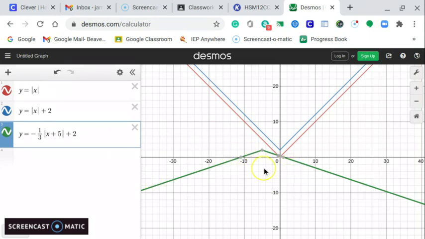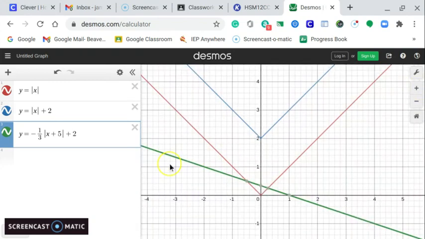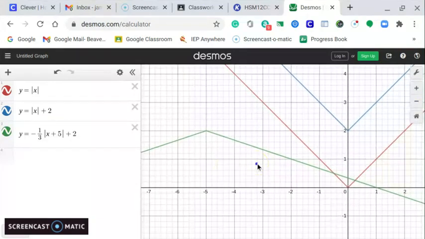And so it's really, really wide. That 1/3 makes it really, really wide. And it's starting at 5, 2, which really actually means, and this is something that's going to blow your mind here, it actually means a -5 on the X and +2 on the Y. So the H and the K mean, which we'll talk about more in class when I get back, this is going to be a -5, +2.